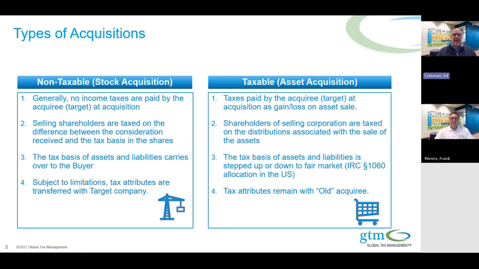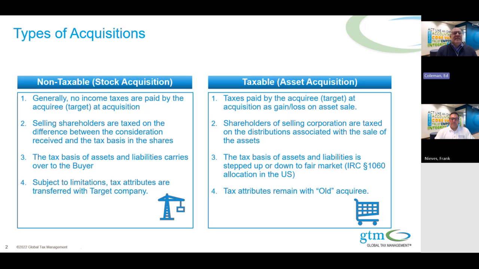And with the tax being paid, there's a tax basis step up. So you get the step up and you do not get the attributes. So really the main thing to keep in mind is who's taxed and then whether or not there's a step up and no attributes, or there's no step up and you get the attributes.